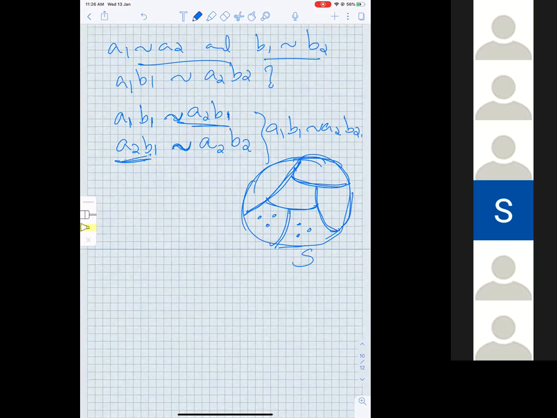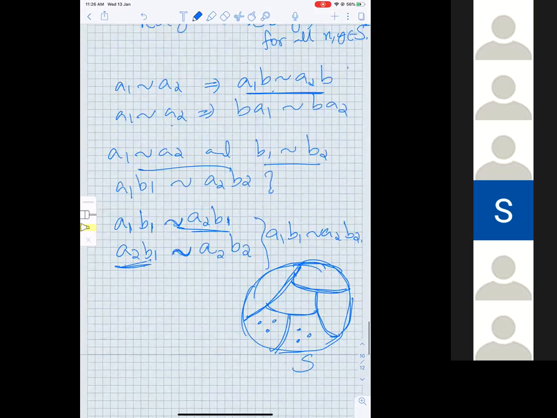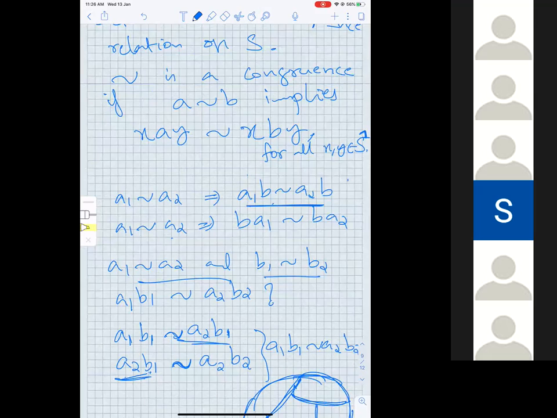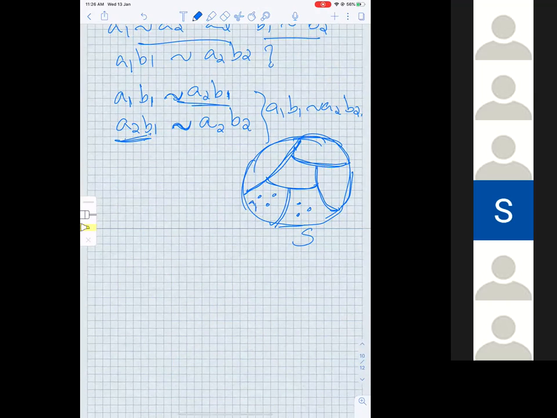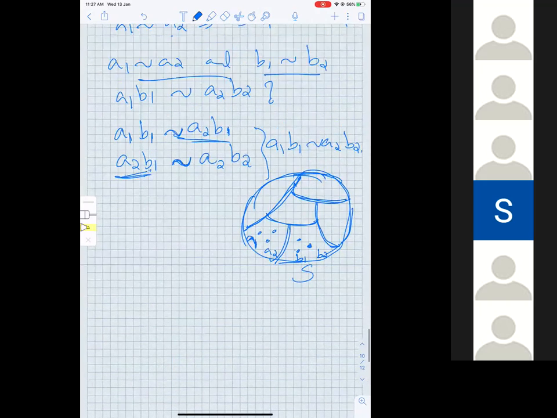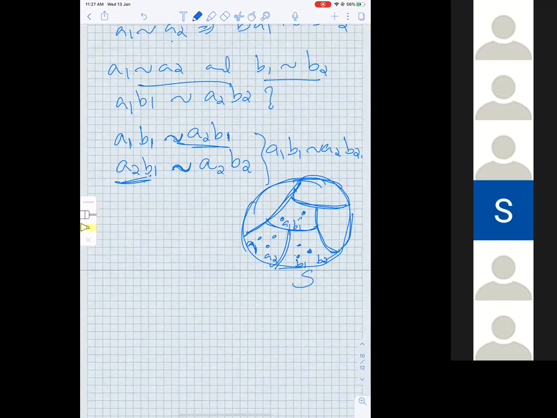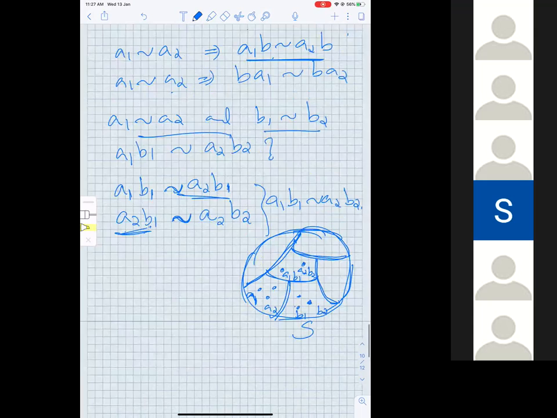What I just proved is this condition: A tilde B implies XAY tilde XBY for all X, Y in S1. That means if I take A1 and A2 here and B1 and B2 here, and A1 B1 happens to be in some class, then A2 B2 will be in the same equivalence class.